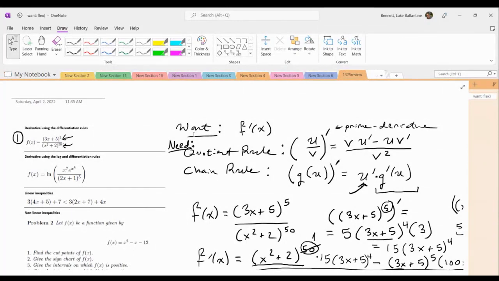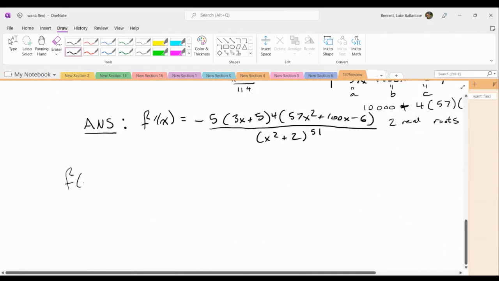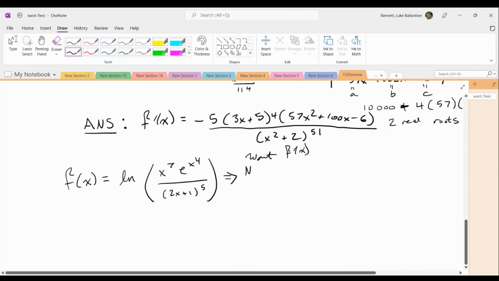All right, now we have to take another derivative. We want the derivative of f. So we need the derivative of the natural log of u, which is u prime over u.